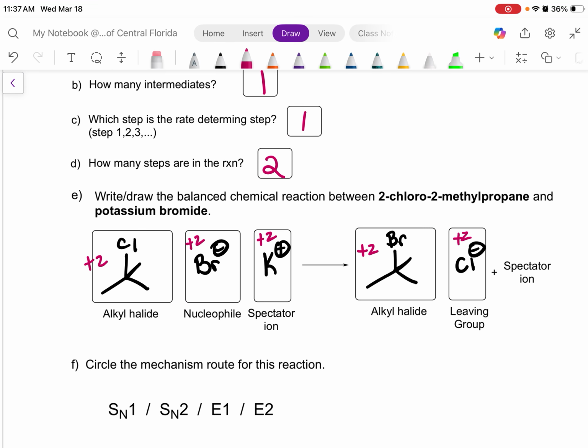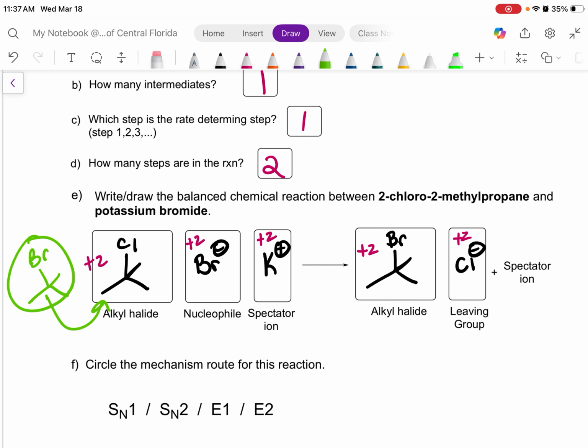Okay. So that's what it looks like. So class, I want you to be aware that if this is the problem that you have, but all of a sudden you are drawing your alkyl halide right here, like this, and you put that in for your answer, clearly you're cheating.